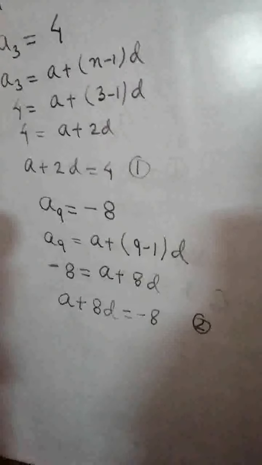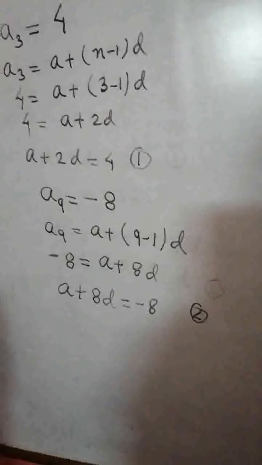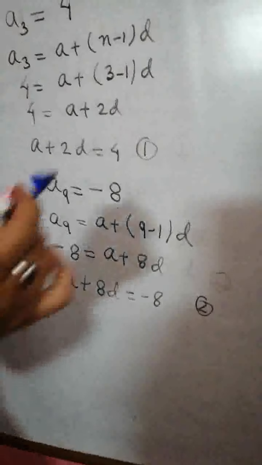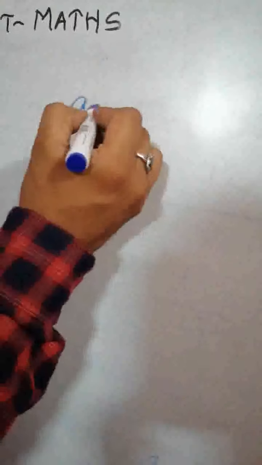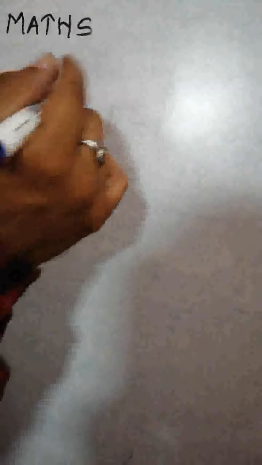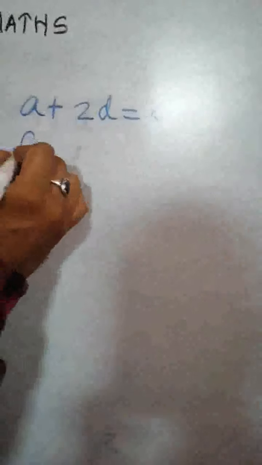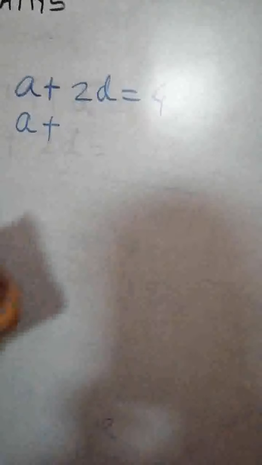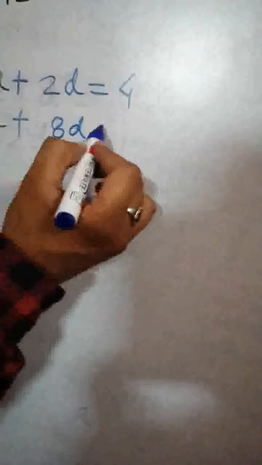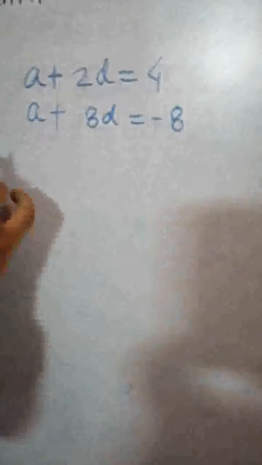Now, the same method we'll use. We'll subtract the equations and see what the answer is. So here we have a plus 2d equal to 4, a plus 8d equal to minus 8.